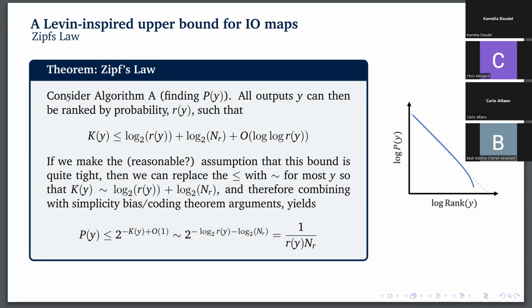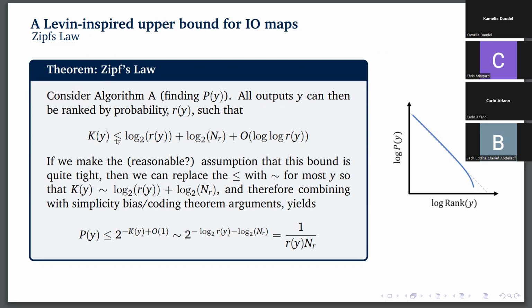And then finally, one other thing we've shown, which will be useful later on when there are no obvious complexity measures, is that if you have these types of algorithms, you expect to get Zipf's law. So if we consider algorithm A, where we just find this probability of y, rather than generating a Huffman code, we just straight up rank order the strings by probability, so we get a string, a probability, and then a rank. The most probable string has rank 1, the second most has rank 2, and so on.